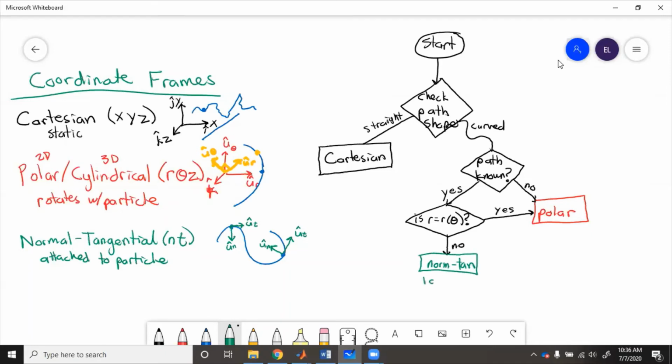So this is last resort. So straight, use Cartesian. Curved, see if you know the path. If you don't know the path, go with polar. If you do, see if r is a function of theta. If it is a function of theta, go with polar. If you've exhausted everything else, go with normal tangential.